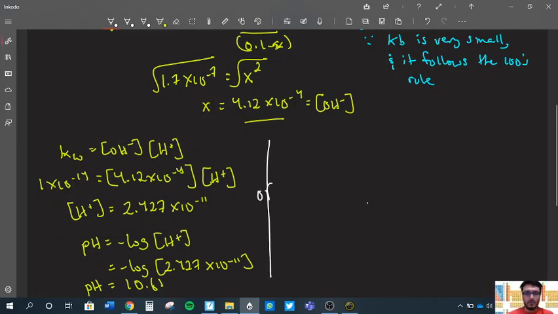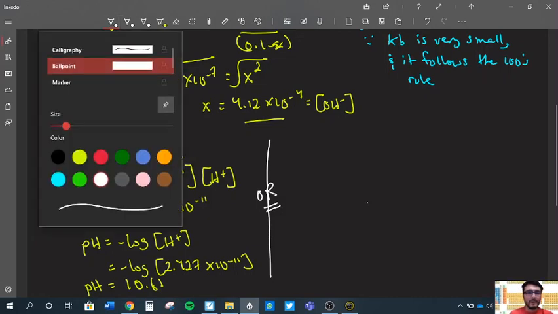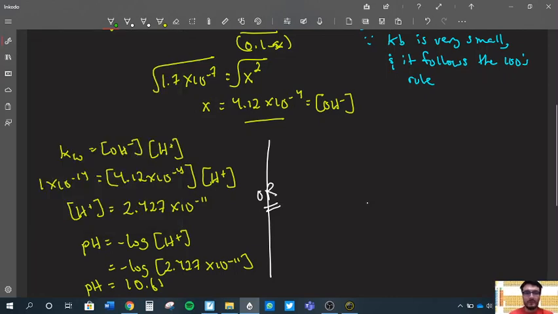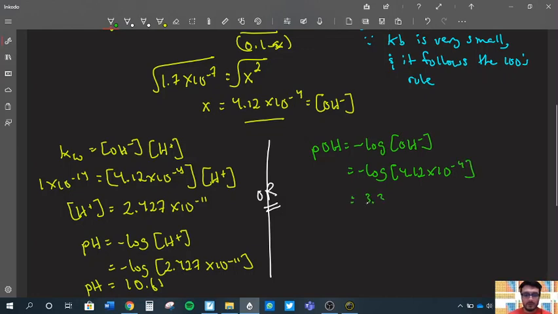Okay, or the other way. We have pOH, so we're going to figure out pOH because we have the concentration of OH. So that is negative log of the concentration of OH, and we get a pOH value of 3.38.